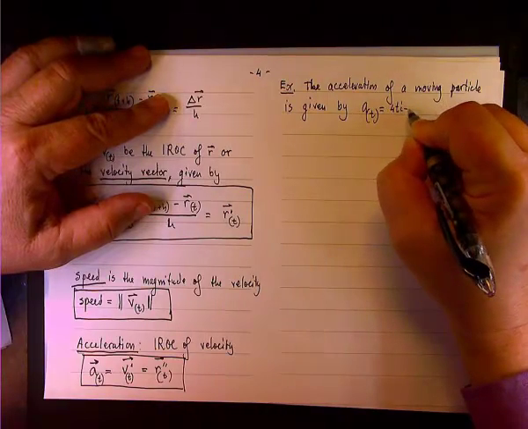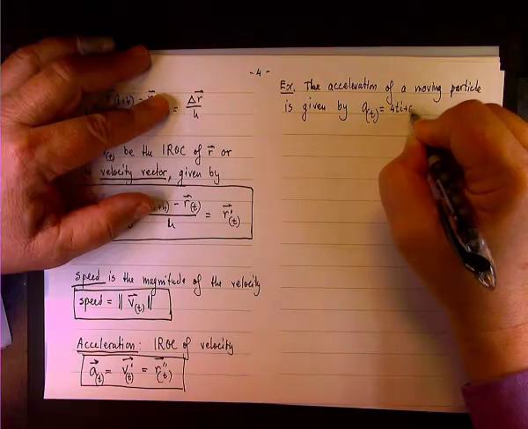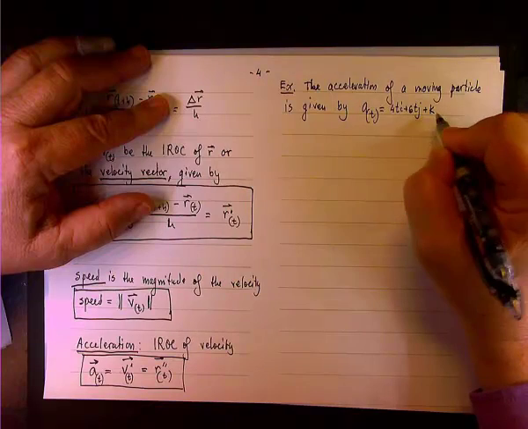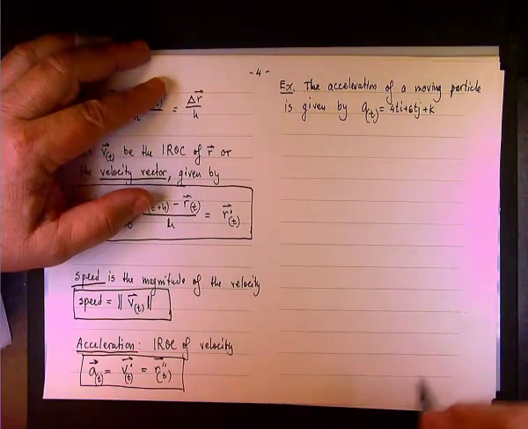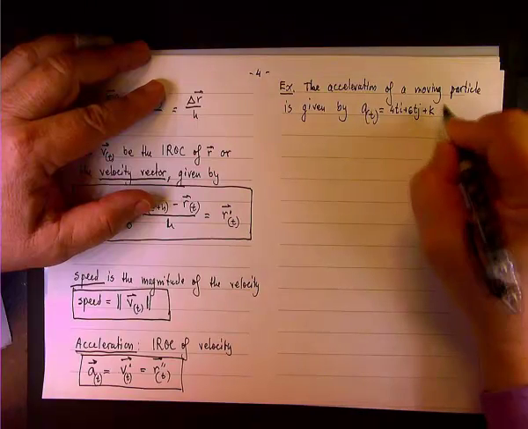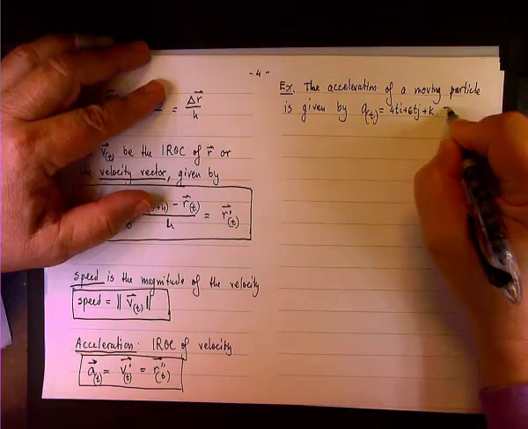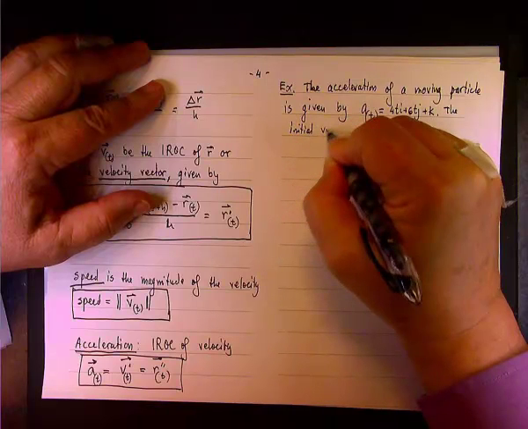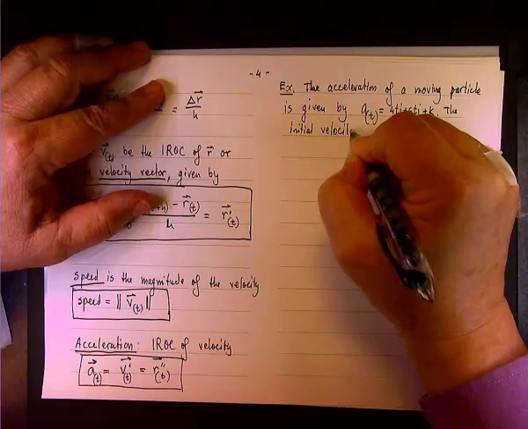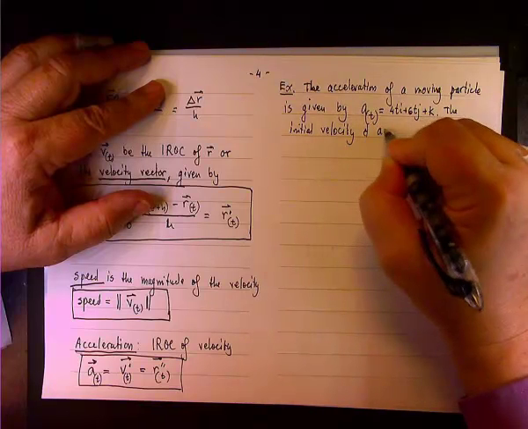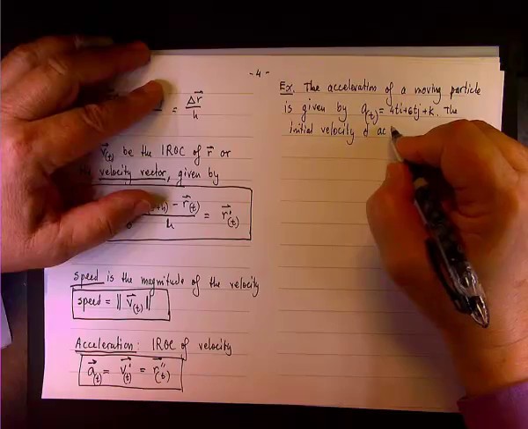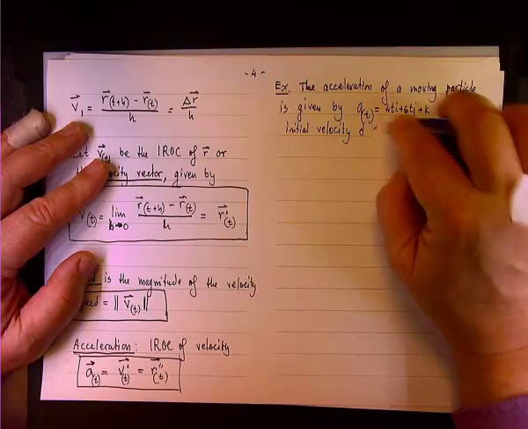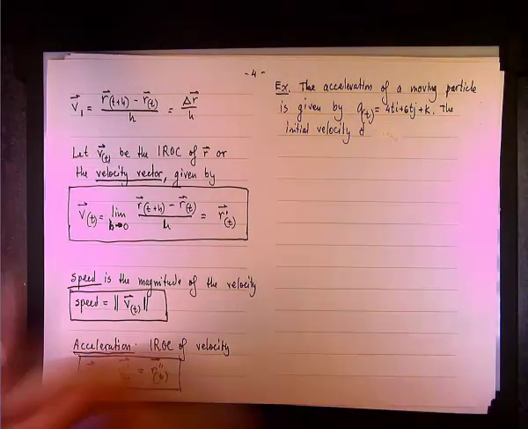So this is a vector function, and it's 4ti plus 6tj plus k. And what we know is the initial velocity and position.